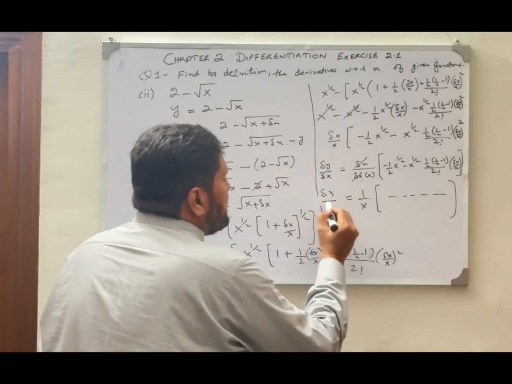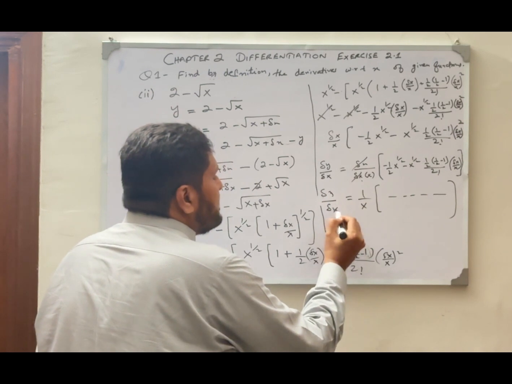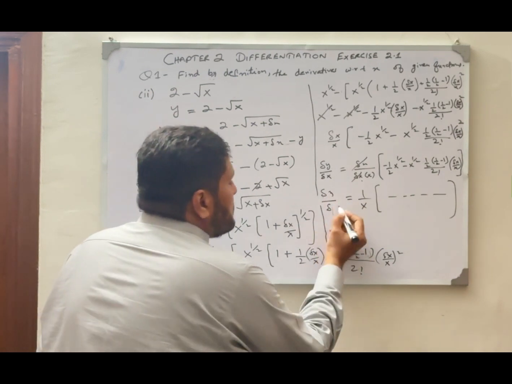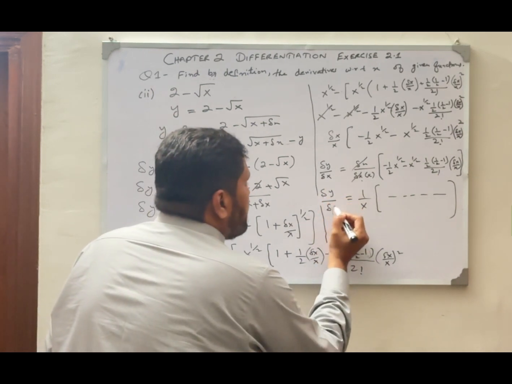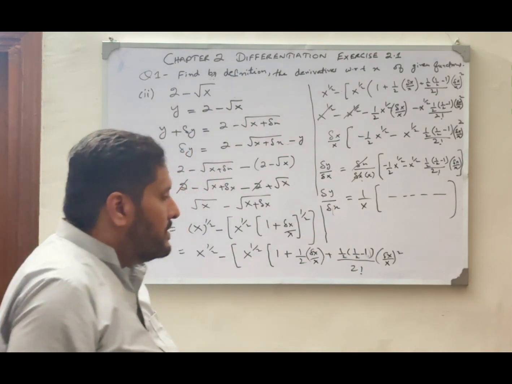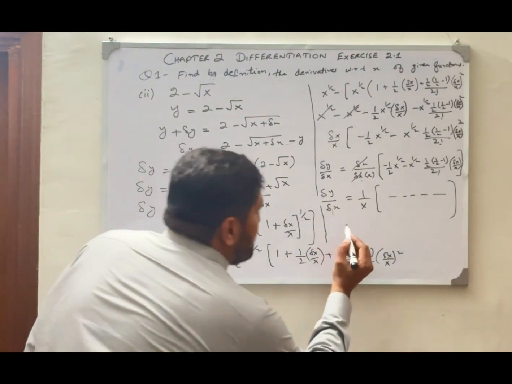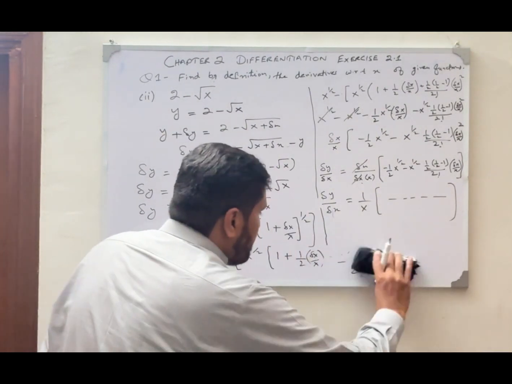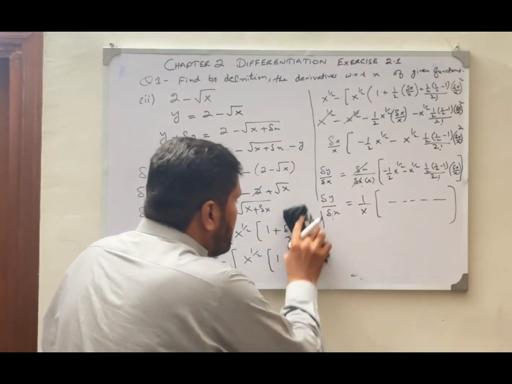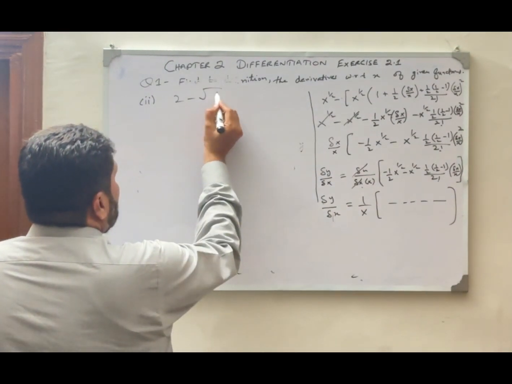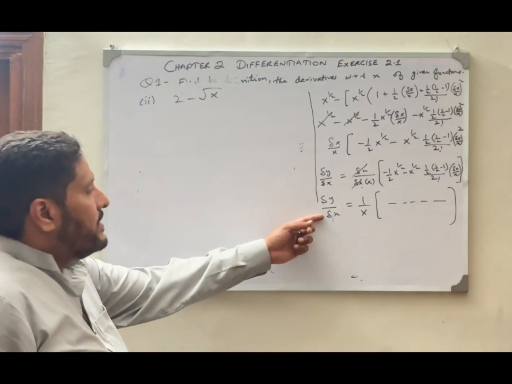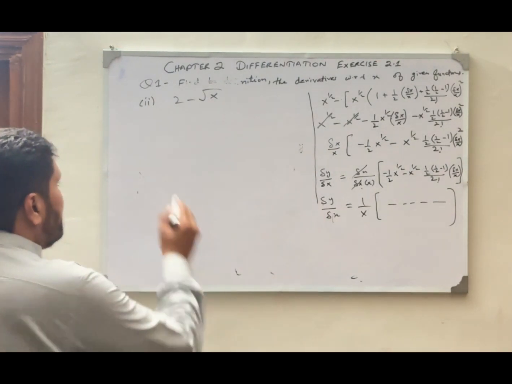So we write it in the same way. After applying the limit, we write it as dy by dx. So now applying the limit on both sides of the equation, in the next step we have to apply the limit over here.